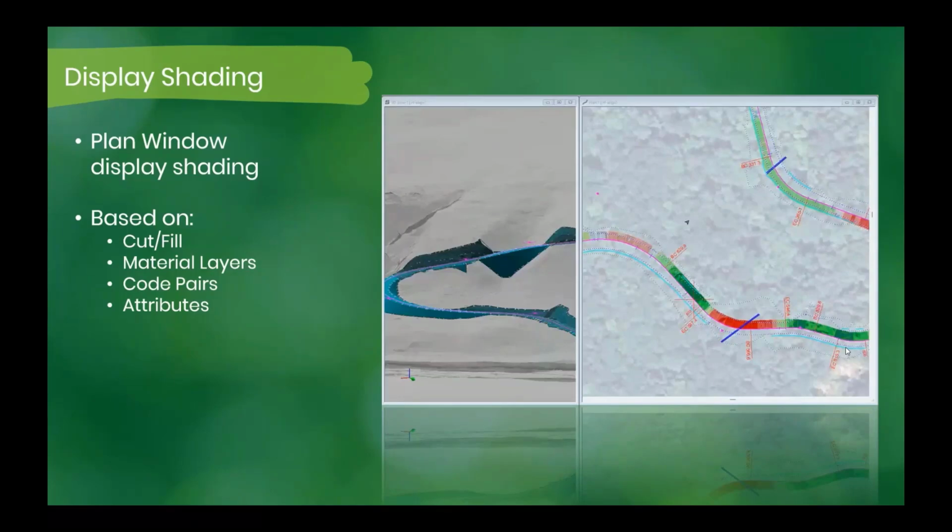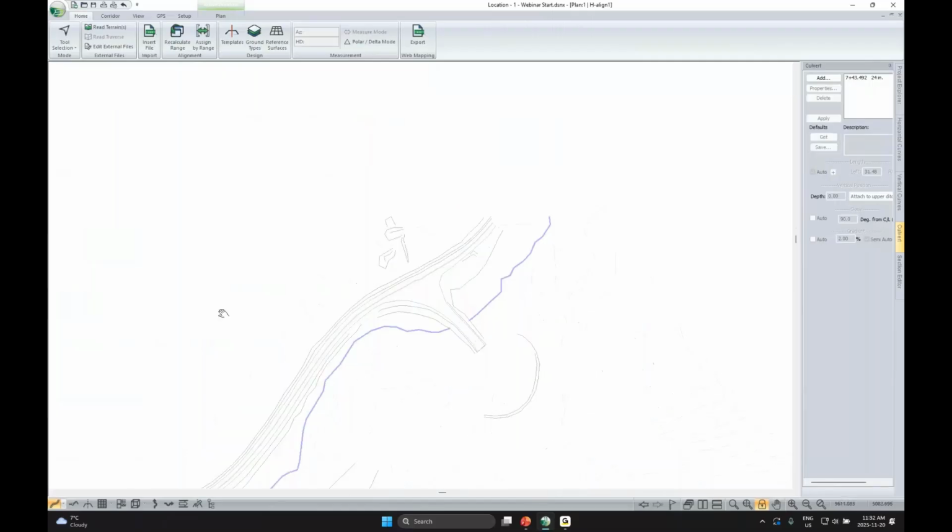You can shade based on code pairs, and we'll go through an example of that in a second. And you can also shade on other attributes. So it's a really powerful way of visual checking and communication of different properties about your design. And grade is a really good example as well.